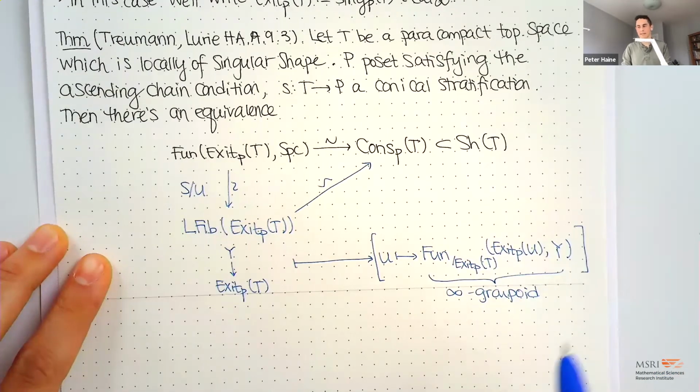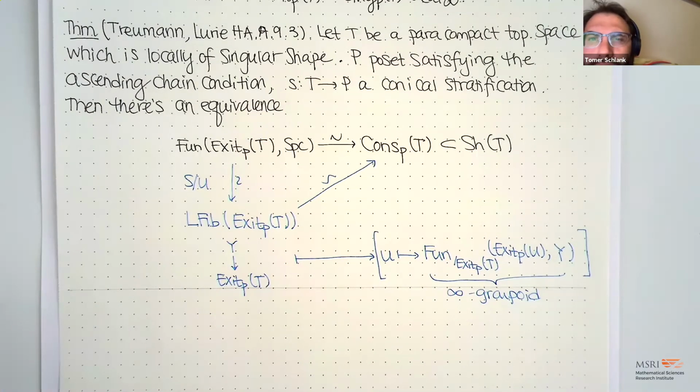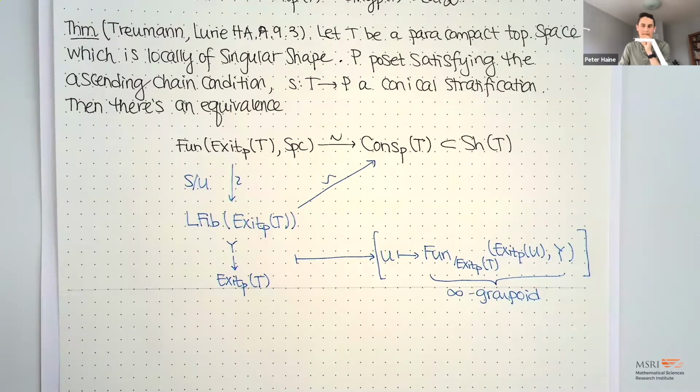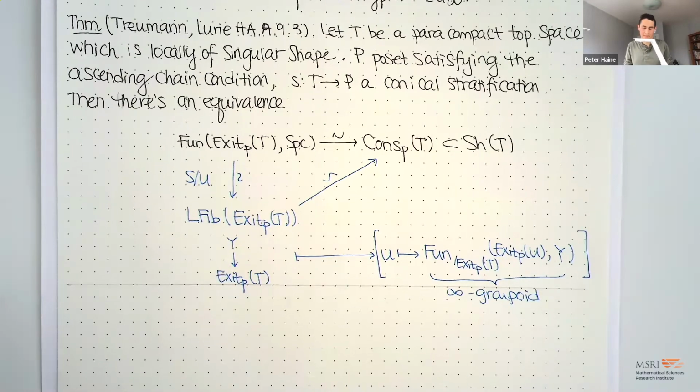Okay. So is exit P of U over exit P of T always a left fibration in particular? Is it going to be a left fibration? No, I think not at the point set level, but infinity categorically it is. Yeah, in the invariant sense.